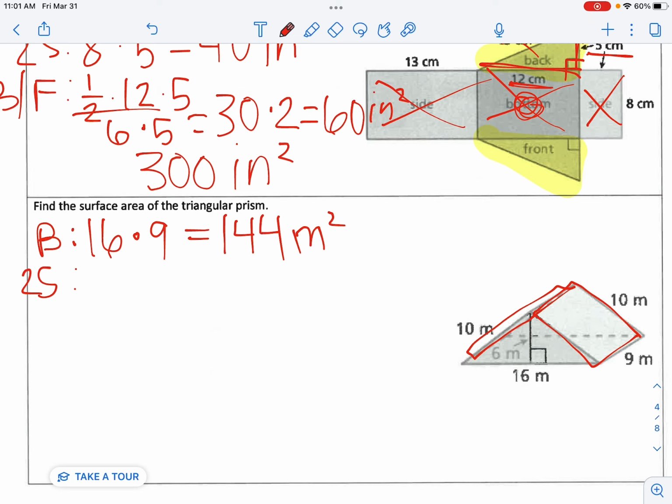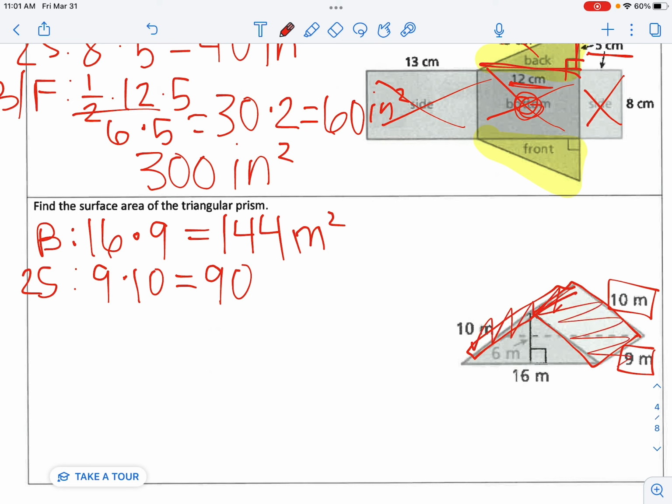Okay. My base is 9, and my height is 10. So 9 times 10 equals 90. So that's, one of them is 90, so the other one has to be 90 as well. So we're going to multiply by 2, and we get 180 meters squared.